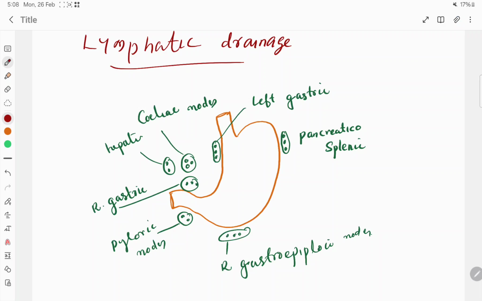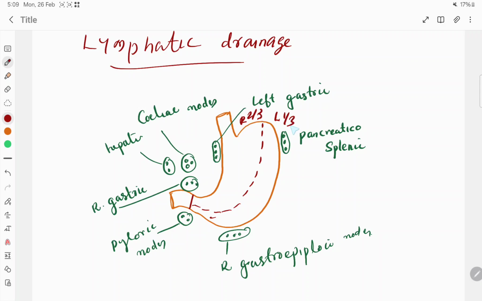Next is the lymphatic drainage. You have the stomach here, very easy to remember. We can divide the stomach into two like this. For descriptive purposes, the stomach is divided into two areas: the right two-third and the left one-third.